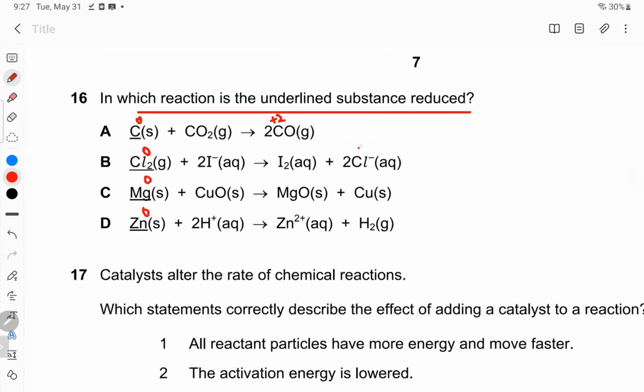Here it has a -1 charge. Here magnesium has a 2+ charge because it is bonded with oxygen, and here they have written the charge of zinc. So this one is undergoing oxidation, this one is undergoing oxidation, and only here the underlined substance is undergoing reduction. So B is our correct answer and all others are wrong.